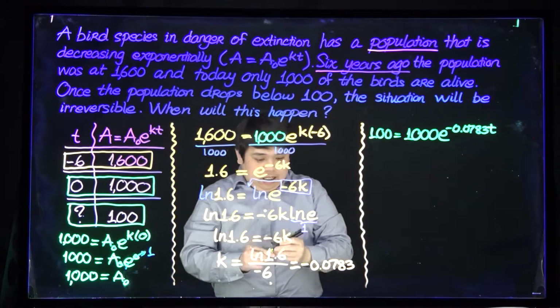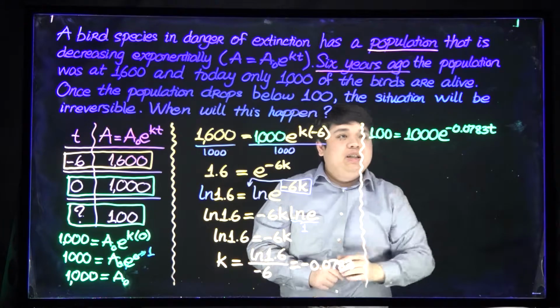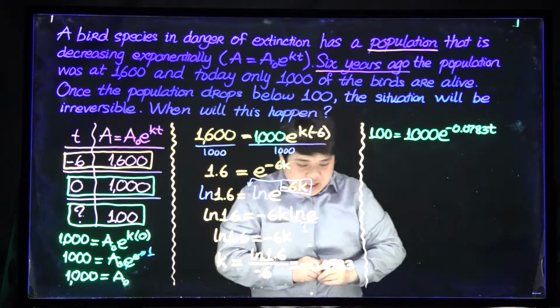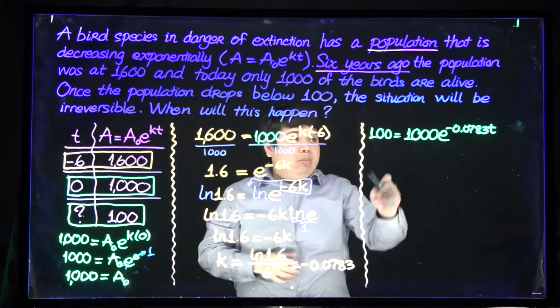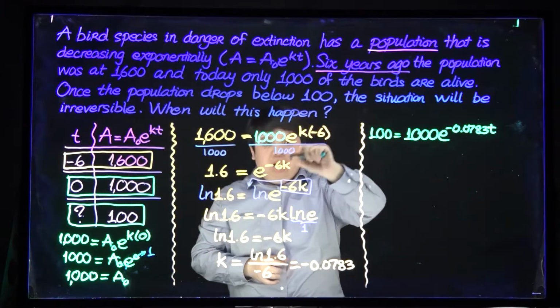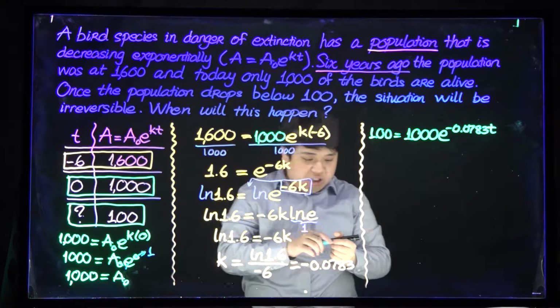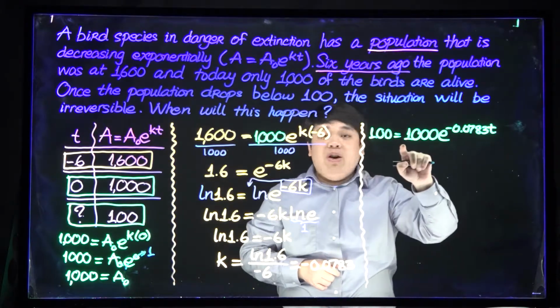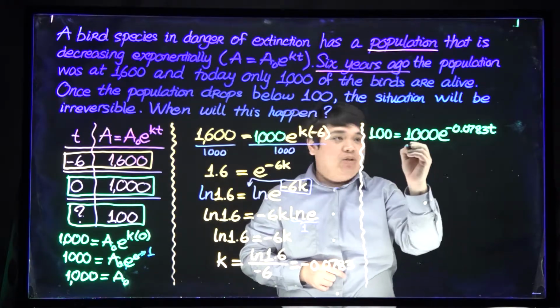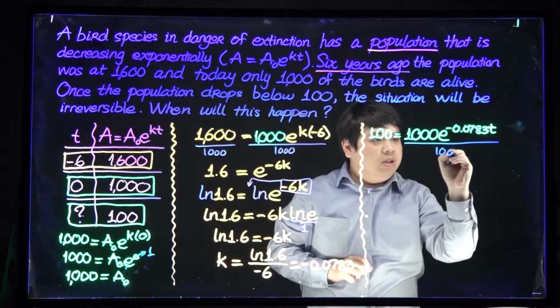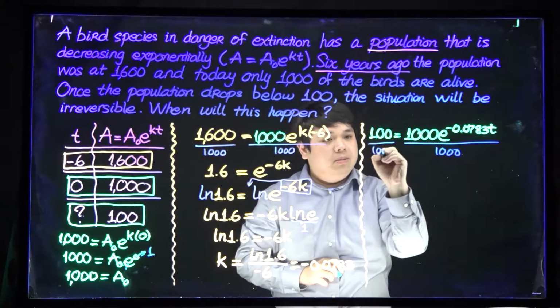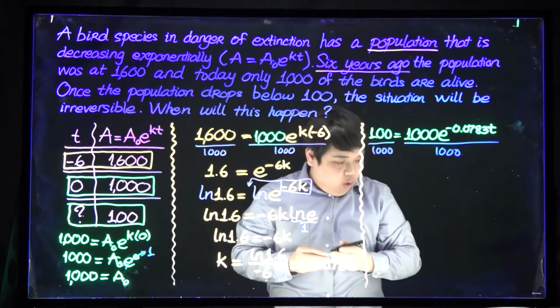And now we try to solve for t. We know everything else. The way we solve for t will be similar to what we did before, because t is still on the exponent and we still solve the exponential equation. The first step, we divide by 1,000, exactly as we did before, and that gives us 0.1.